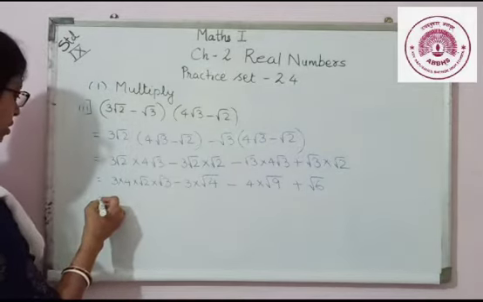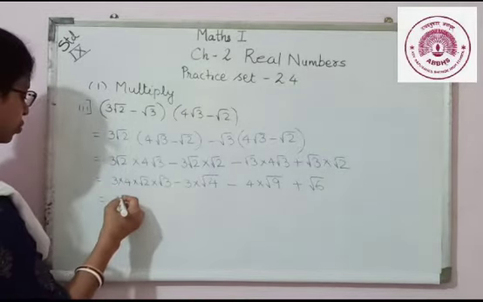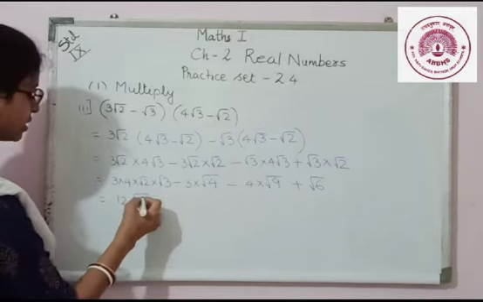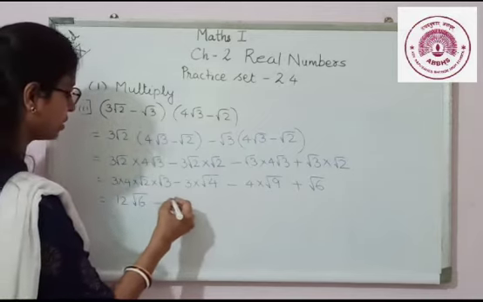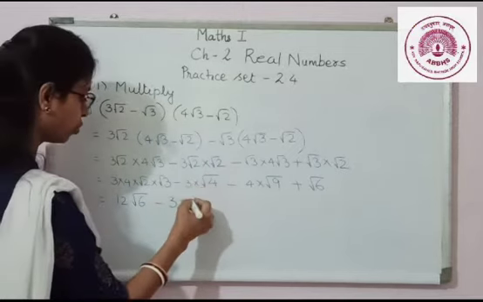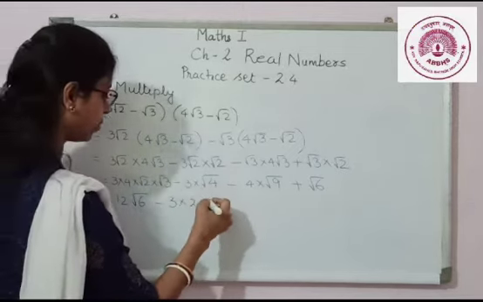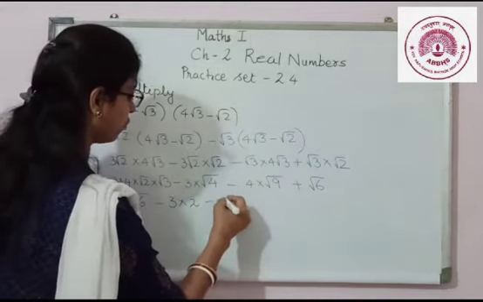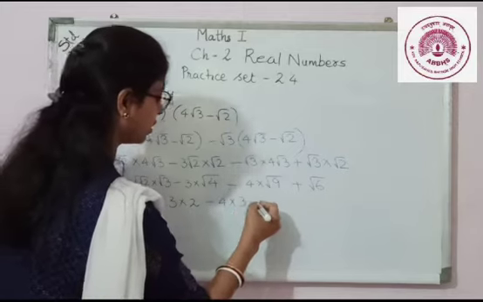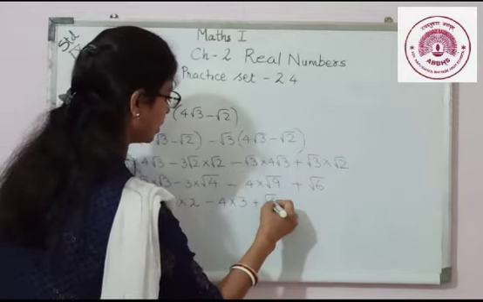So here 3 multiplied by 4 is 12. Root 2 multiplied by root 3 is root 6, minus 3 multiplied by root 4 is 2. So we'll write its value, minus 4 multiplied by root 9 value is 3. So write that plus root 6.